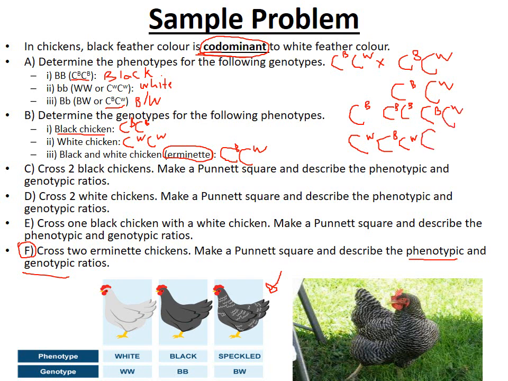And then CWCW, a white chicken. So rather than get 3-to-1, again, our phenotypic ratio is a bit off this time because we have some co-dominance occurring. So we can see we have one black, two erminettes, and one white. Not a 3-to-1 ratio like you're used to seeing.